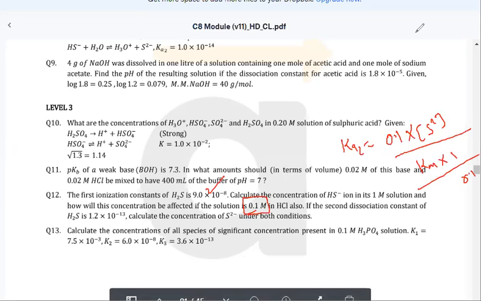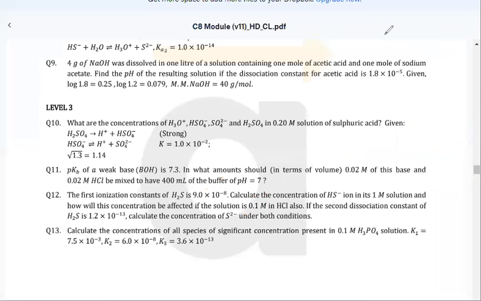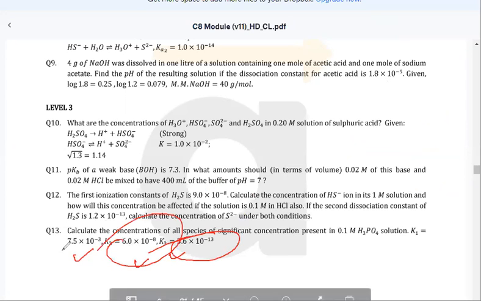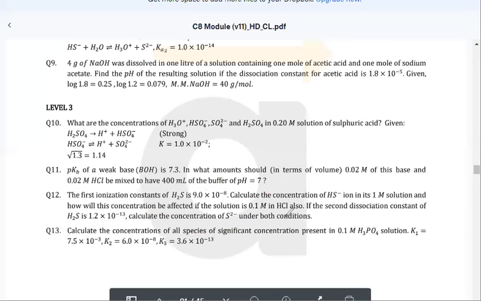Okay. Now question number 13. Calculate the concentration of all species. See this. K1, K2, K3. K3 is very less than K2, and K2 is very less than K1, right? So you don't even have to solve anything. Agree, everyone?